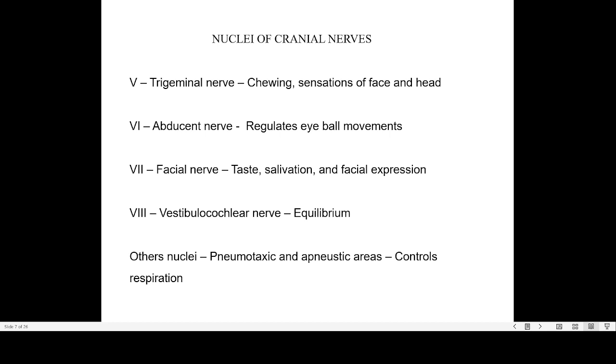Number one, the trigeminal nerve, then the abducent, that is the sixth nerve, then the facial, seventh nerve, and the eighth, vestibulocochlear nerve. These four cranial nerve nuclei are present in the pons region internally.